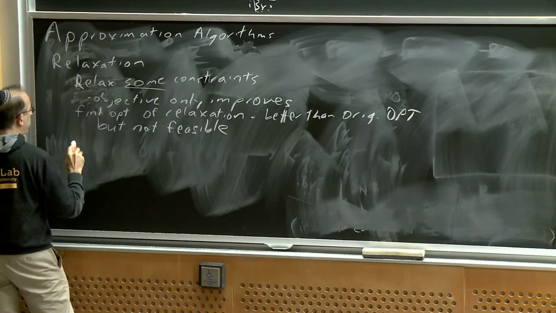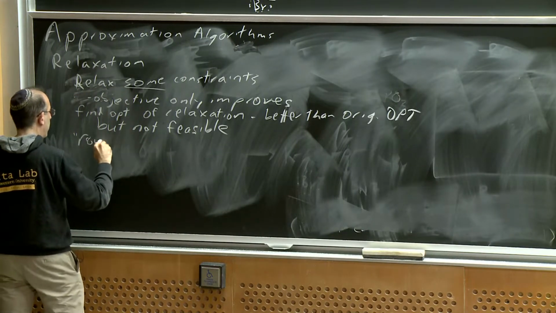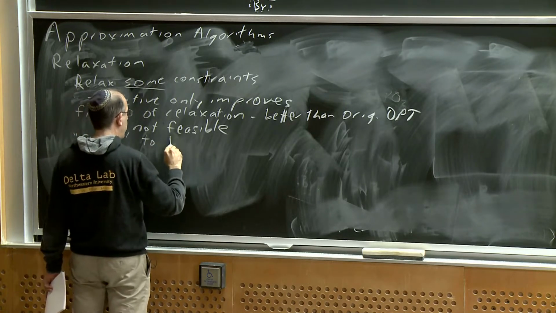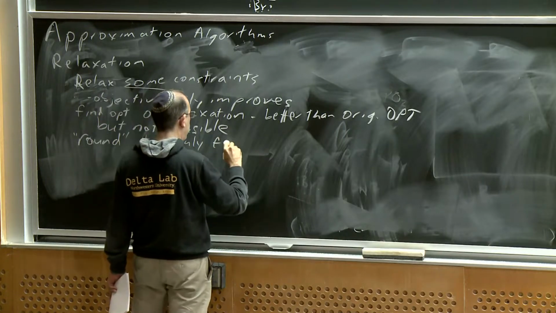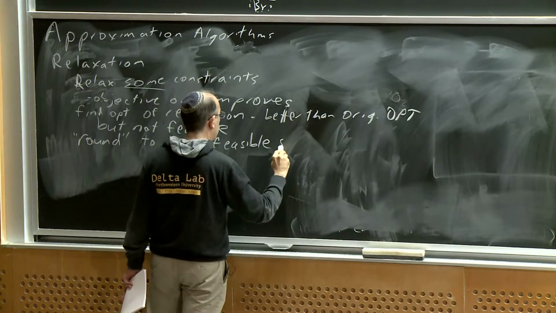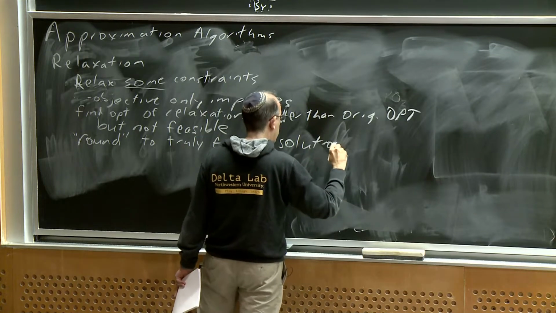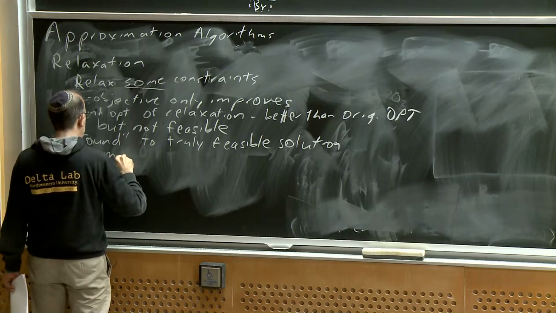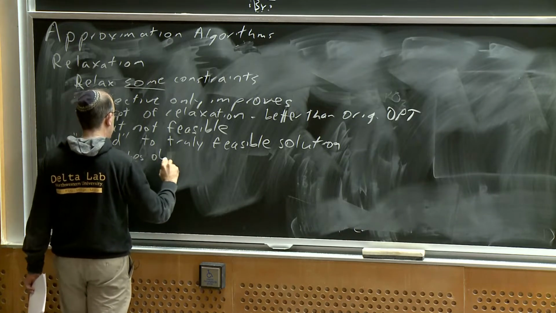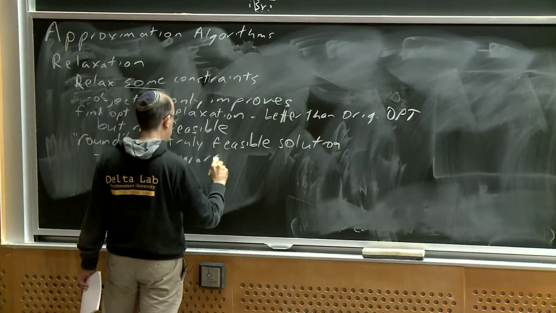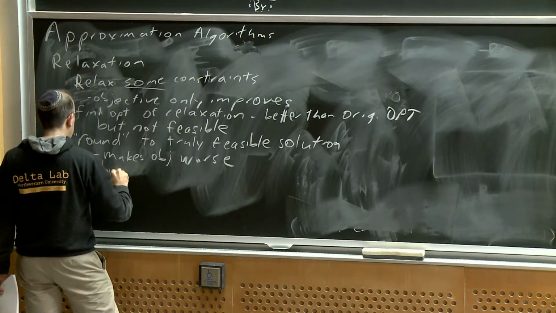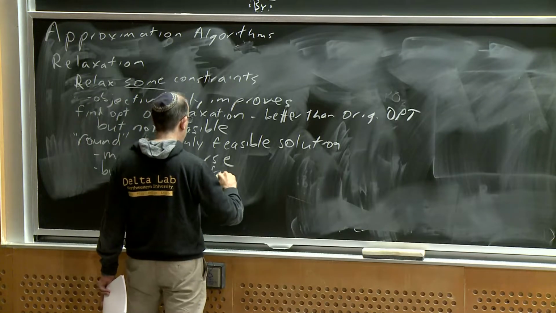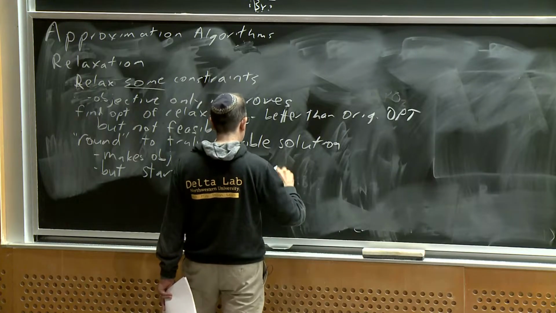And so what you do is you find some way to round that relaxed solution to a truly feasible solution. And when you round your solution, it makes the objective worse. But however much it's making it worse, you're starting from a better than optimal objective.